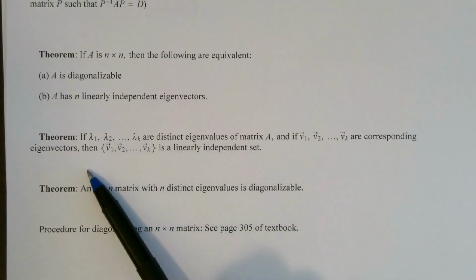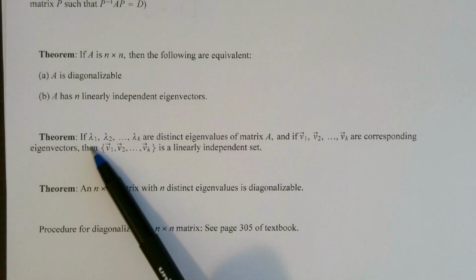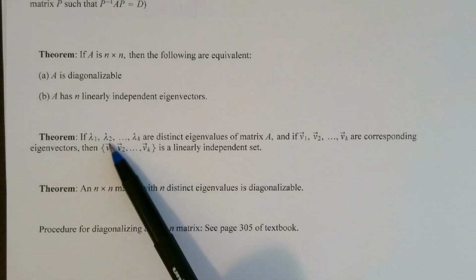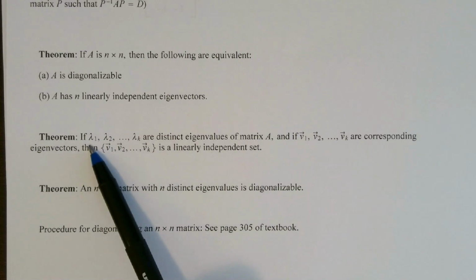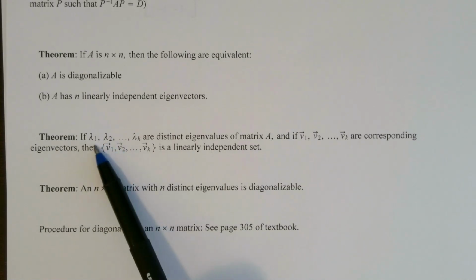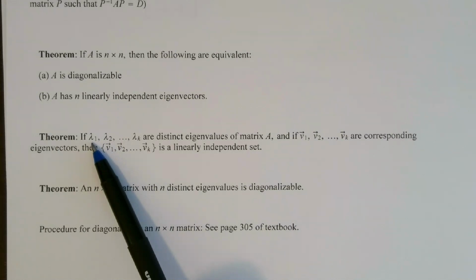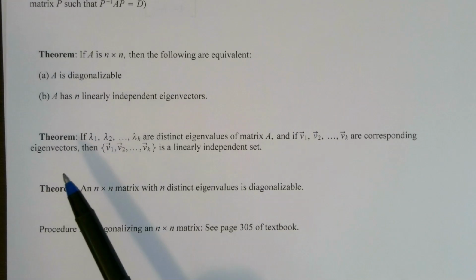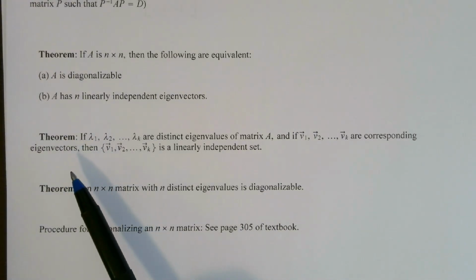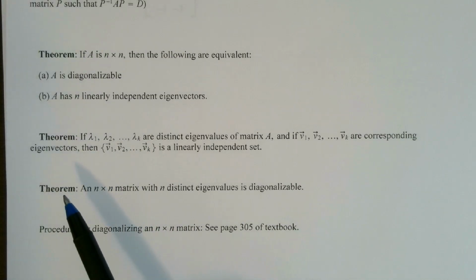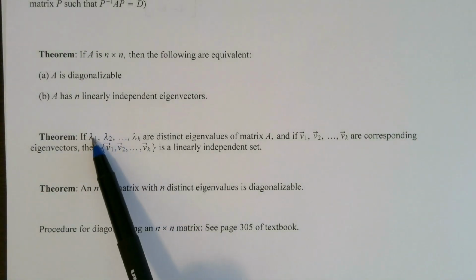Another theorem which we can look at is if we have k distinct eigenvalues for the matrix A, so they're distinct, they're not all the same. And they can be the same, for instance, we were talking about the algebraic multiplicity in the last video. So if you have an eigenvalue of algebraic multiplicity 2, it's sort of a repeating root, if you will, and you can have the same eigenvalue.